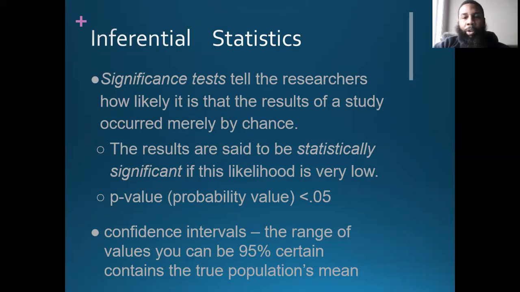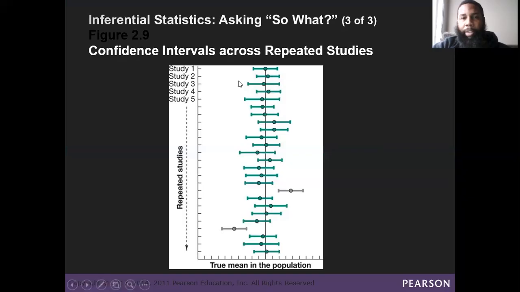Confidence intervals are the range of values that you can be 95% certain contains the true population's mean, right? So this is a confidence interval. So study 1, study 2, study 3, study 4, right? All we're saying is when we repeat these studies, this line gives us a representation of how likely it is that the true mean of the true population is somewhere in this range.